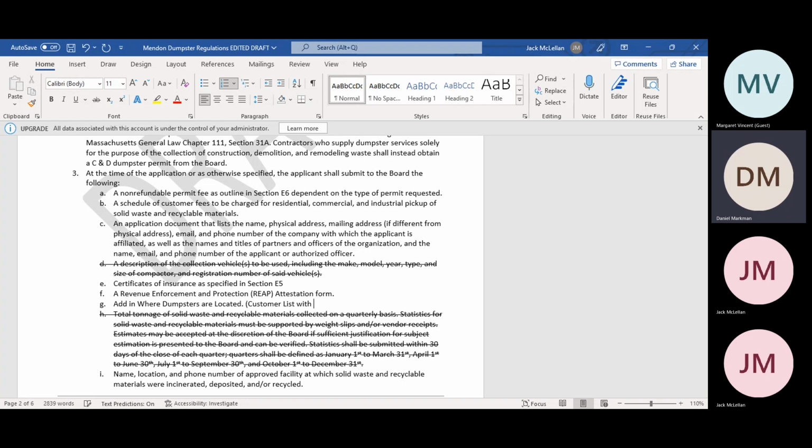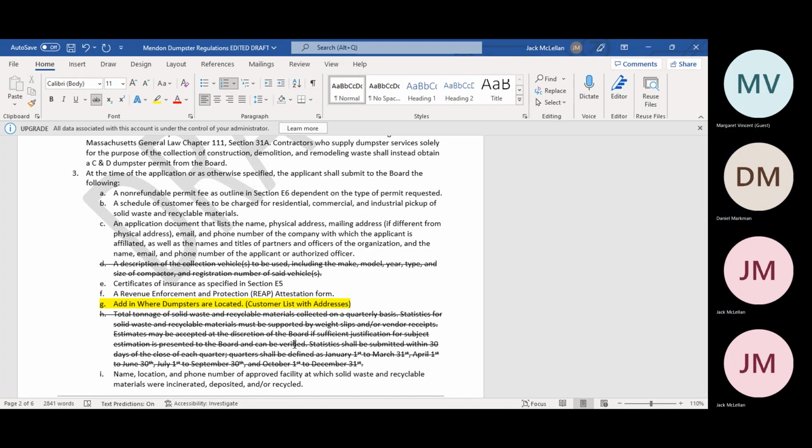Being able to reference and find out that this person doesn't have a registered dumpster with a licensed trash hauler helps us enforce things a little easier. Also, this would make it consistent with what your permit has already been requiring for years and years.